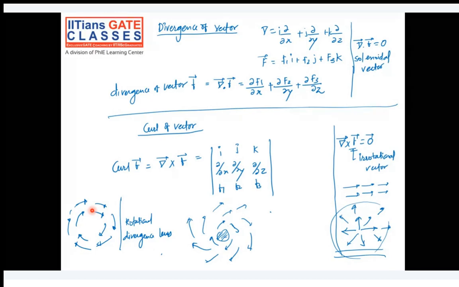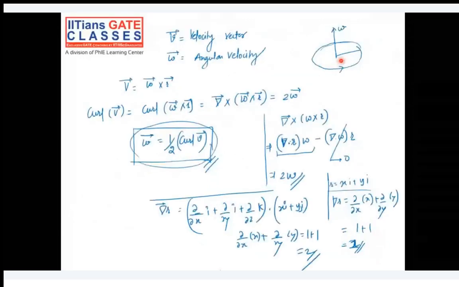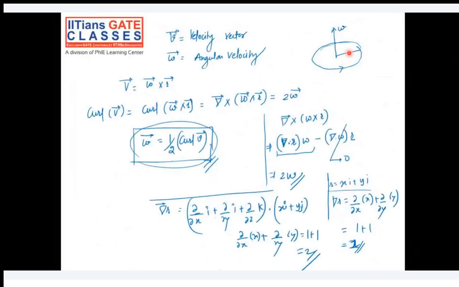If you take the right hand thumb rule, the angular velocity vector omega is defined by the thumb, and the other fingers represent the direction basically, or you can say the field itself. And what is v bar? v bar is a velocity vector.